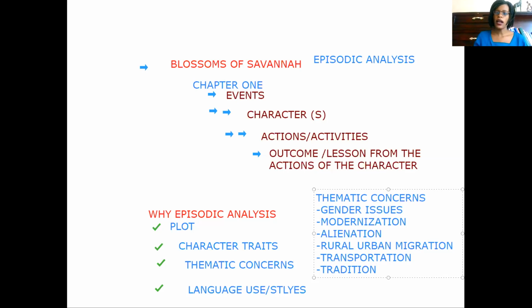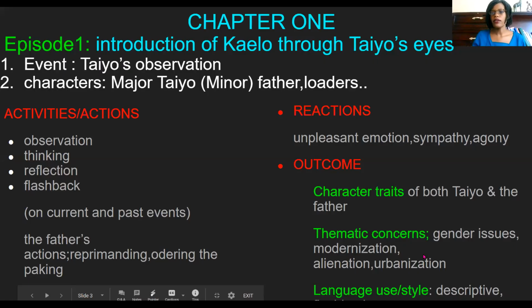And so we get to learn more from this. We realize that from just looking at one event, just Taio's observation, we get to learn more from the author.